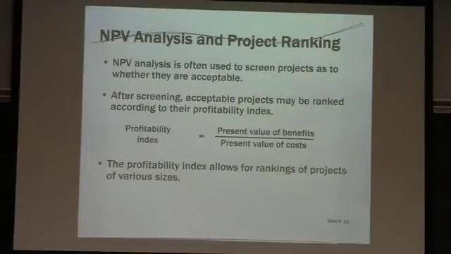That will dictate the size of that positive NPV or not. But when you do the profitability index, it allows us to compare the different NPVs based on various sizes.